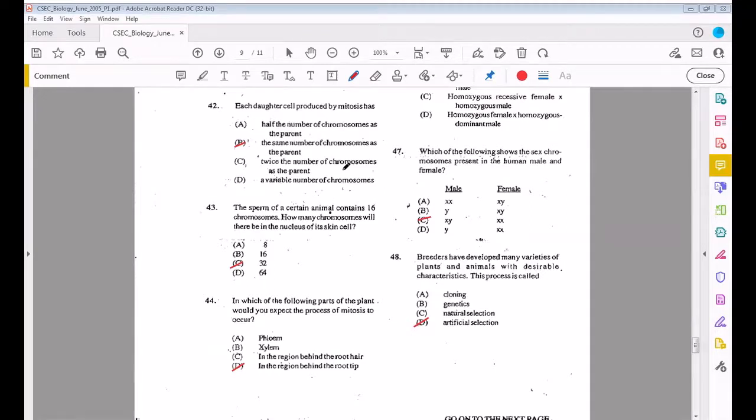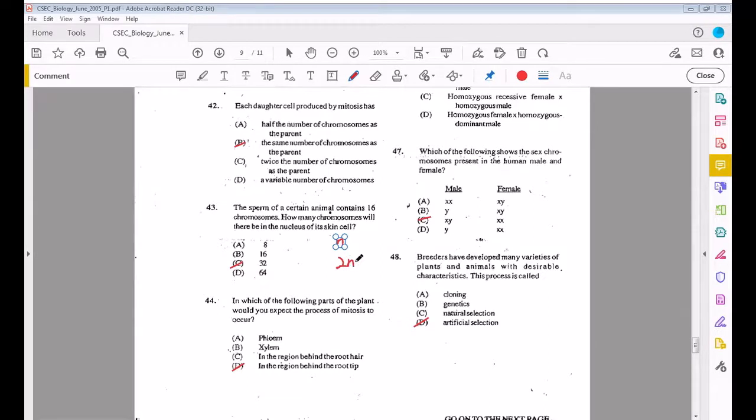43. The sperm of a certain animal contains 16 chromosomes. How many chromosomes will there be in the nucleus of its skin cells? So remember, gametes are haploid, meaning that they are N, whereas all of the other cells of the body besides your gametes are diploid, meaning that they will have the full chromosome number, so you will have 2N.